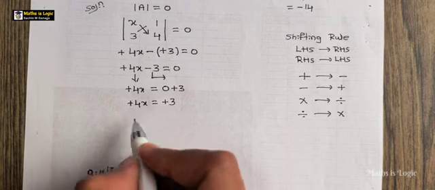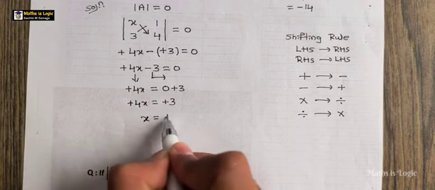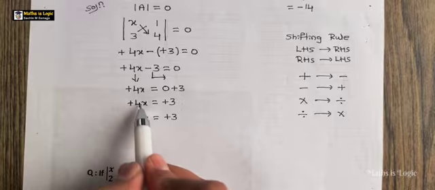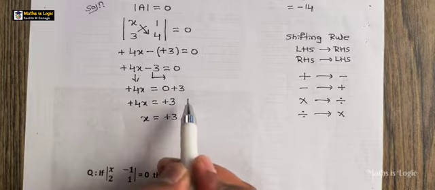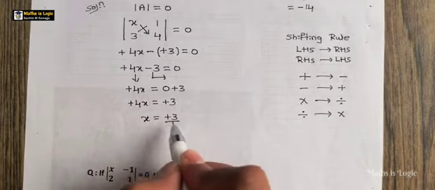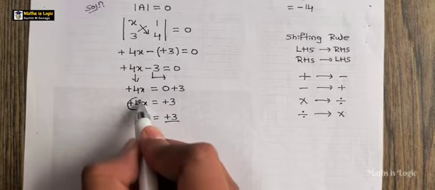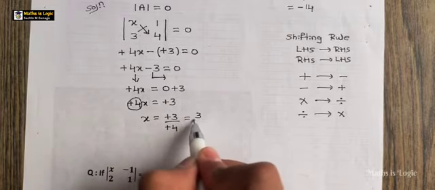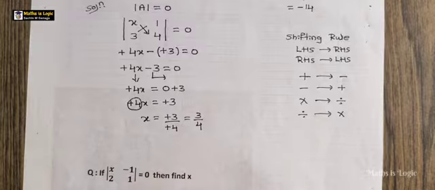Again we need only x value. x is equal to right hand side plus 3. Here in between 4 and x multiplication sign is there. We are shifting this 4 to right hand side. That time multiplication becomes division. Therefore divided by this 4 comes in the denominator, plus 4, so the answer is 3 divided by 4.